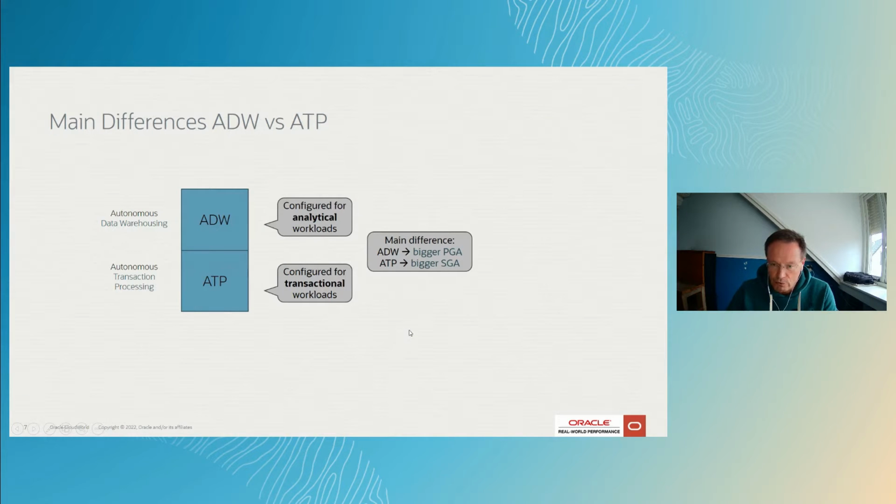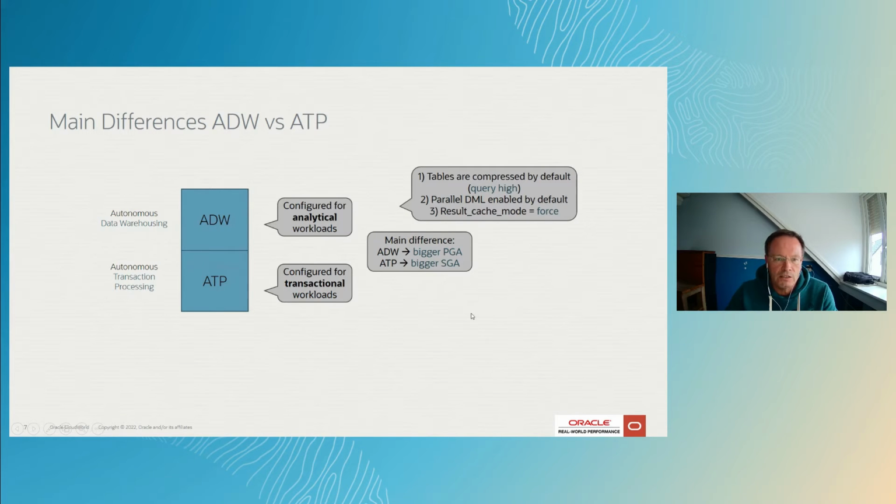If you provision an ADW database, you get a slightly bigger PGA to cater for big parallel queries, doing big scans of big tables, preventing them to spill to temporary table space. Versus if you provision an ATP autonomous database, your SGA will be slightly bigger in terms of memory allocated for it. Now, there are a few other differences.